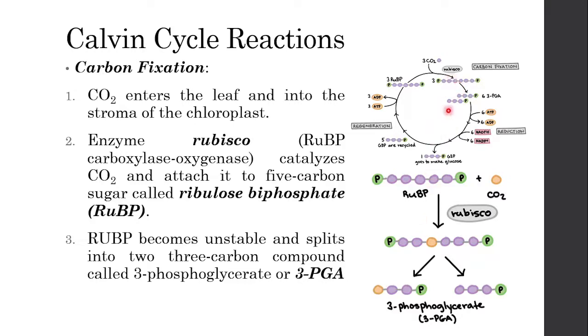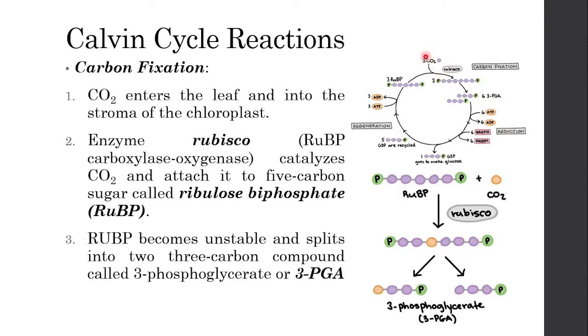So in summary, 3 molecules of CO2 enter your plant via the stomata of the leaves, and then Rubisco takes this carbon dioxide and catalyzes it with your RuBP, or ribulose biphosphate. You create a 6-carbon chain that is very unstable, which then separates into 2, or in this case 6 molecules of 3-PGA. Six, because we start with 3 carbon dioxide.